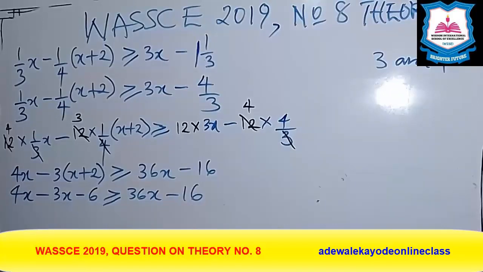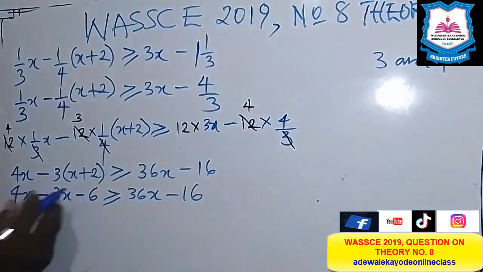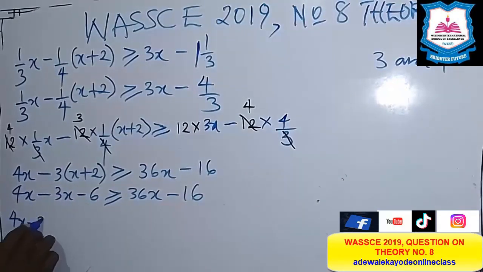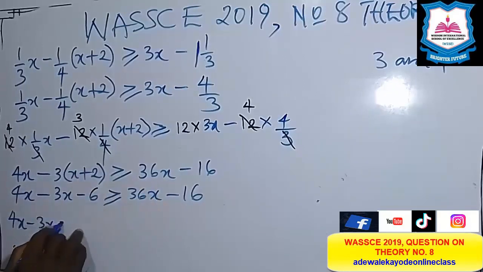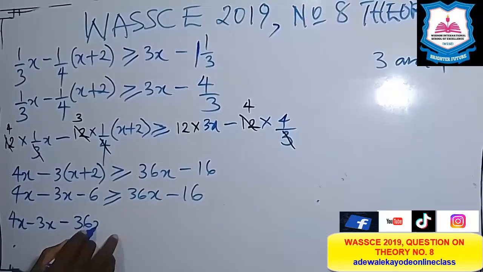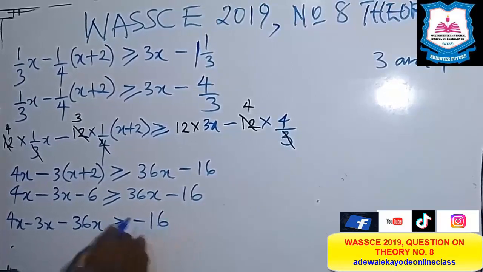Collecting the like terms means all those with letters, you take them to the left hand side, and those with figures to the right hand side. So at this point, we have 4x minus 3x, all these are still with variable x, then bring in this 36x: minus 36x greater than or equal to minus 16 here already.